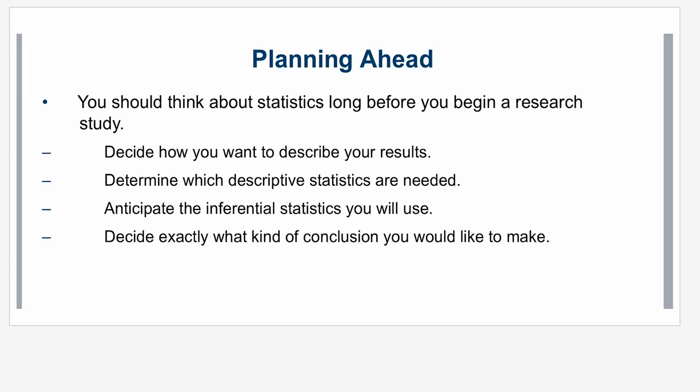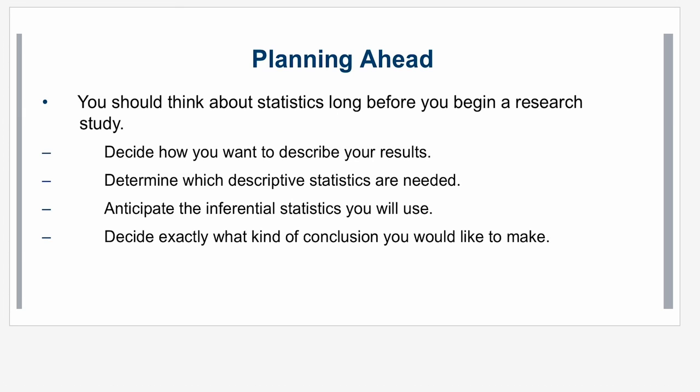But way back at the very beginning of your study is when you should be thinking about statistics. Just like at the very beginning of the research process, you had a lot of decisions to make, statistics should be included in those decisions in order to determine how you're going to design your research and all of that.